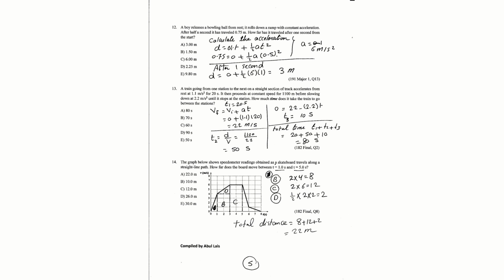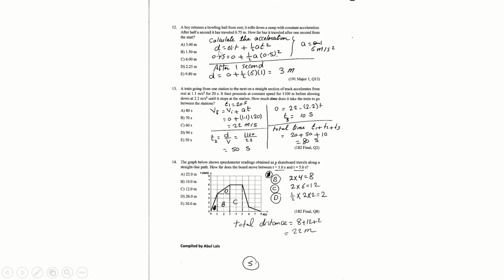It says a boy releases a bowling ball from rest. It rolls down a ramp with constant acceleration. After half a second, it has traveled 0.75 meters. How far has it traveled after 1 second from the start? This is pretty easy.